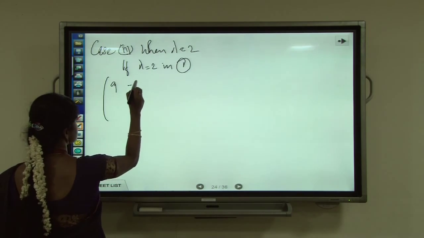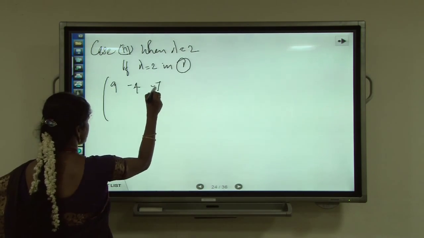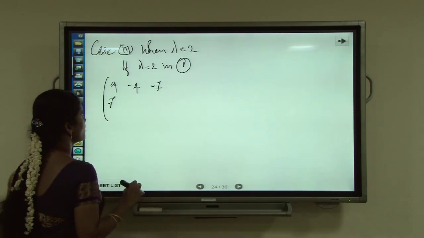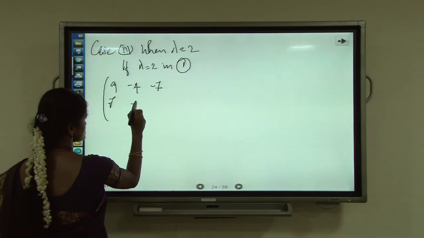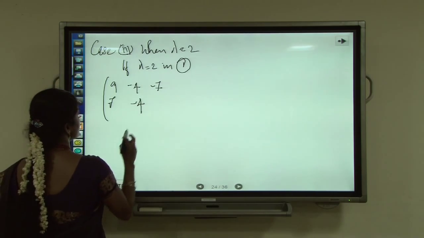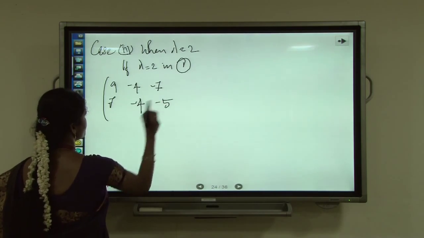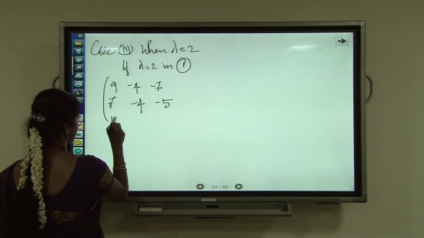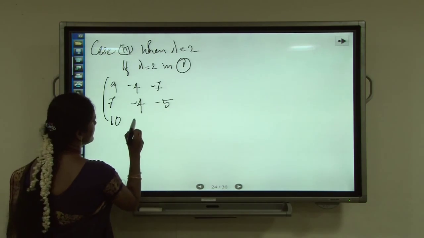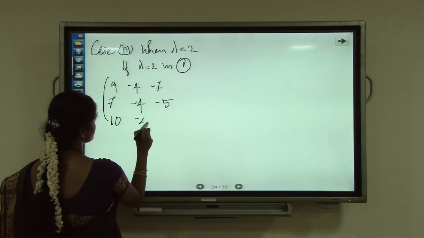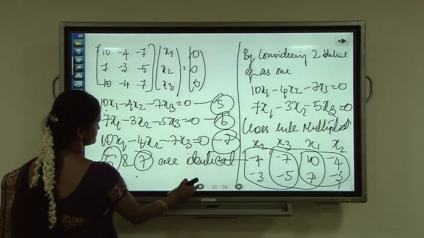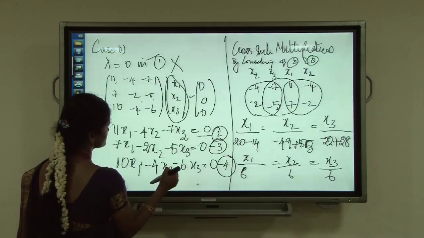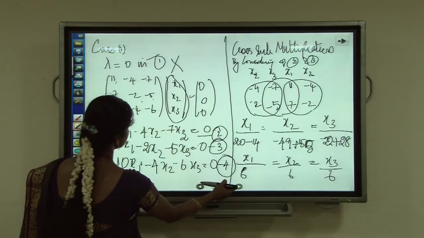It is minus 4, minus 7, 7. Already we had minus 2, so minus 2 minus 2, it's going to be minus 4. Here it is minus 5. Here it is 10. And here we have minus 4. And already it is 6, I think, so yes, it is minus 6.